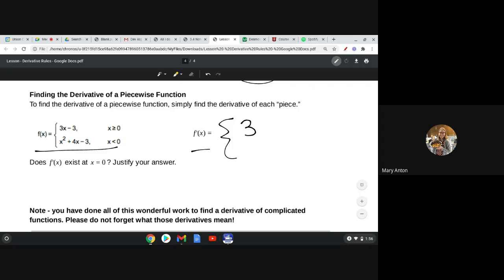That's just a 3, for x larger than or equal to 0. And then what's the slope of the tangent line to the curve at any point of x squared plus 4x minus 3? 2x plus 4, when x is less than 0.